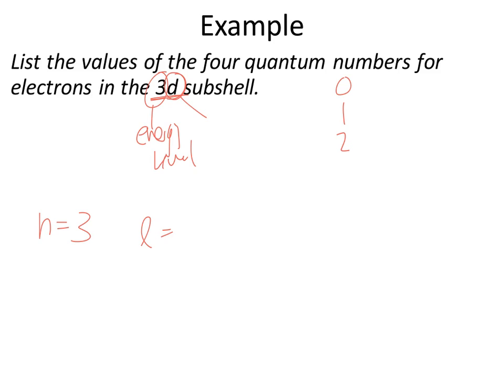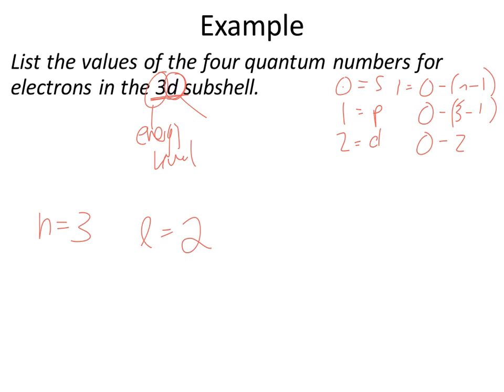Those are the only possible ones for n equal to 3, because remember, L is equal to 0 to n minus 1. If n is 3, you can have 0 to 3 minus 1, so the only possible values for L are from 0 to 2. So you have 0, 1, 2. Now 0 is your s, 1 represents your p, so in this case 2 represents your d. So your value for L is going to be 2.